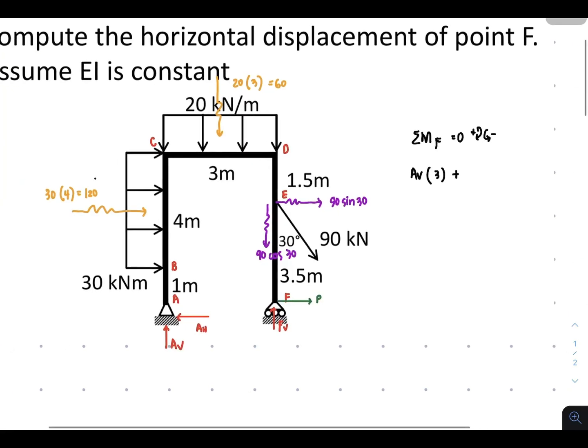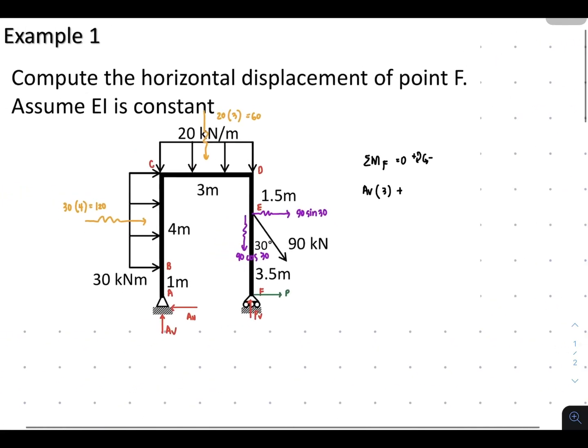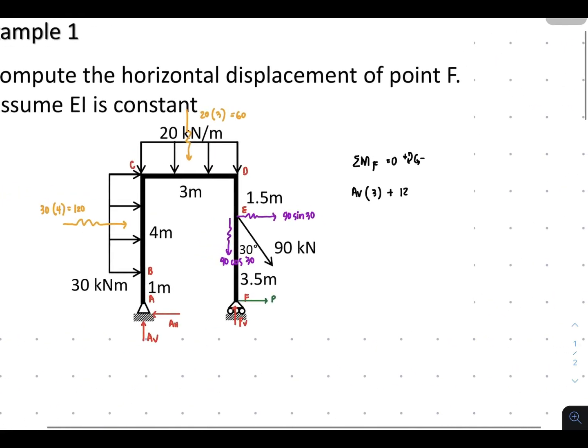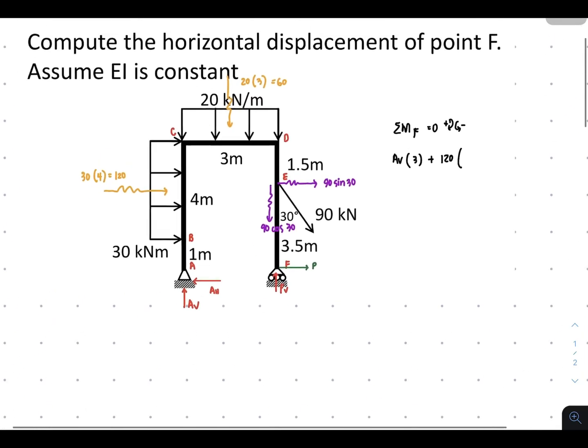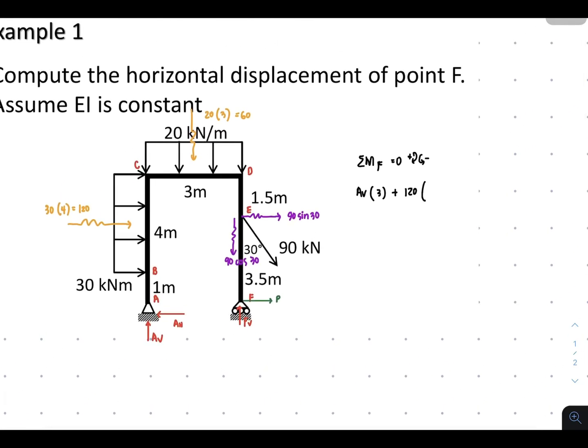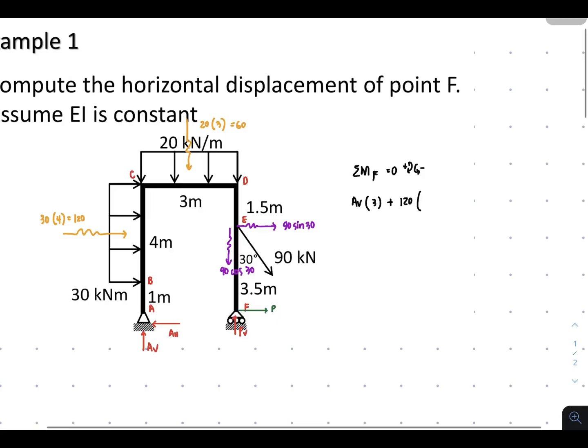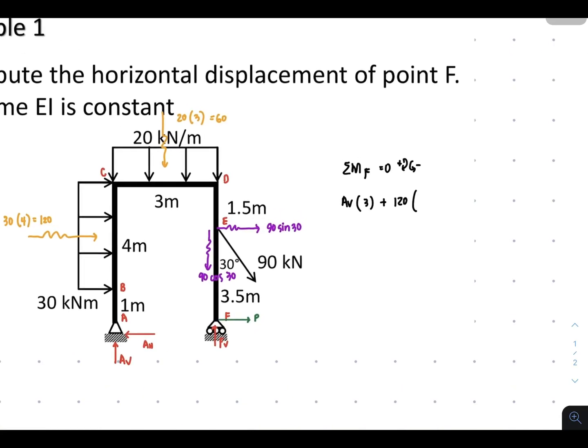plus this 120, to be multiplied by 1/2 of 4 which is 2, then plus 1, so that's 3. And then you have minus 60 times 1/2 of 3, 1.5.